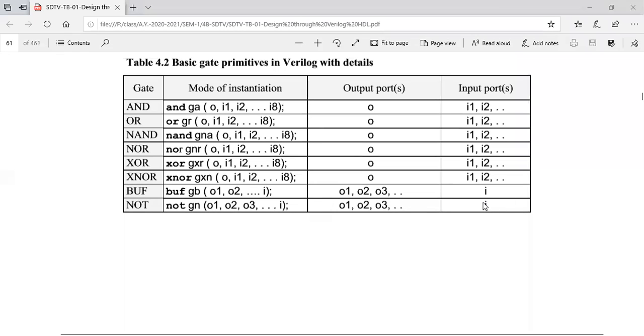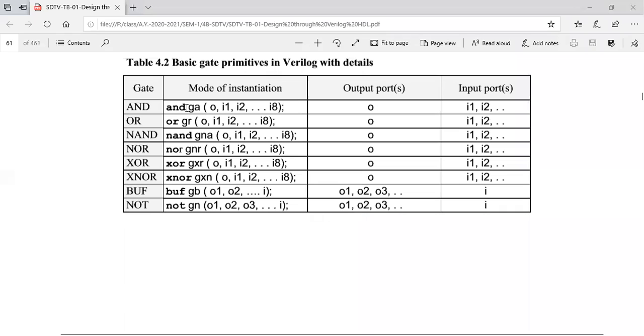So it has only one input and can have many outputs. The maximum number of outputs depends on how many bit the compiler is. If it is a 32-bit compiler, we can connect to 32 outputs. If it is a 64-bit compiler, we can have 64 output bits.